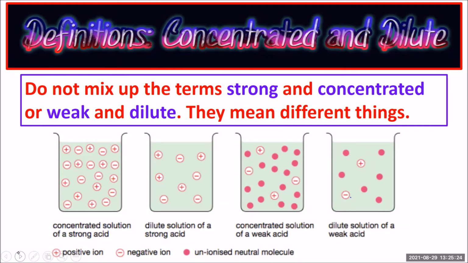So here, this is a really common exam question, actually, having these 4 beakers presented, and you're asked to identify which one is the strong acid, which one is the weak acid, which is the concentrated, etc., etc. So here we have a concentrated solution of a strong acid.